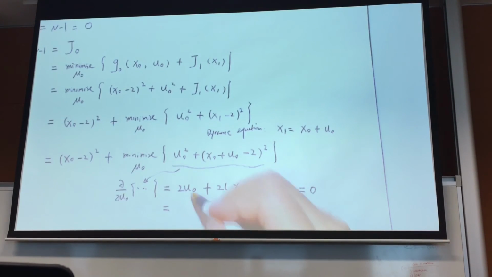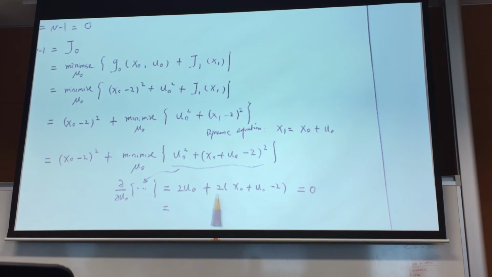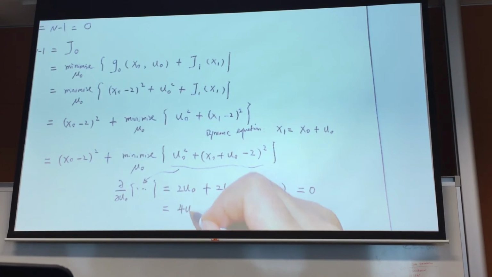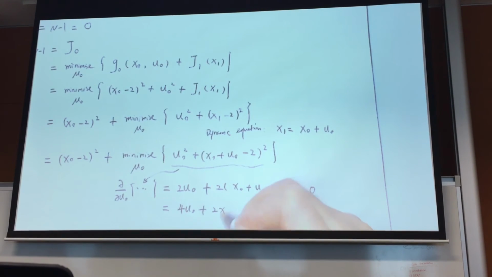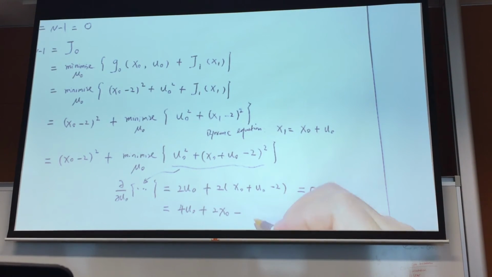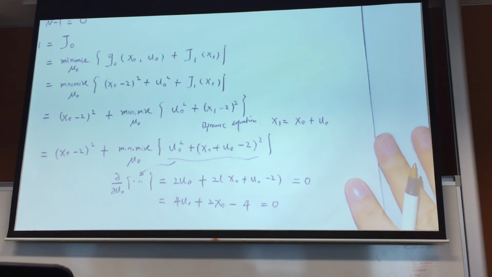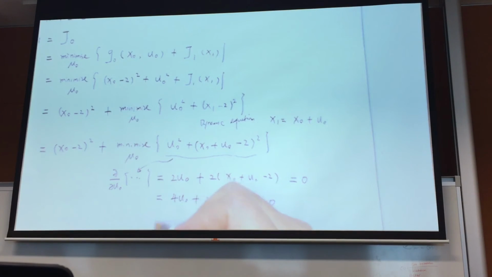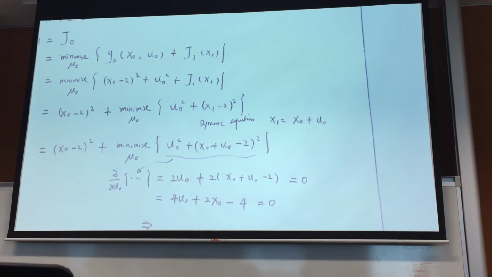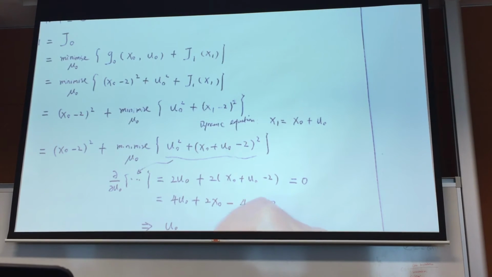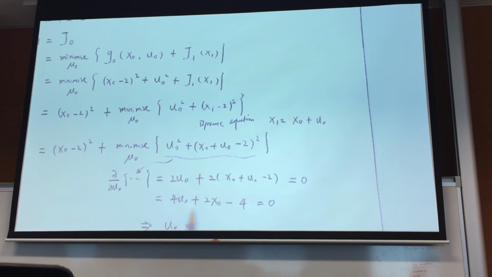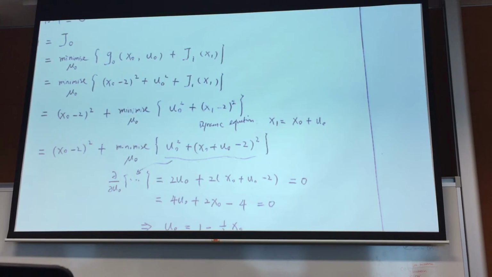So the 2u0 plus this 2u0, we get 4u0 plus 2x0 minus 4 equal to 0. This gives us the solution that u0 equals 1 minus a half x0.